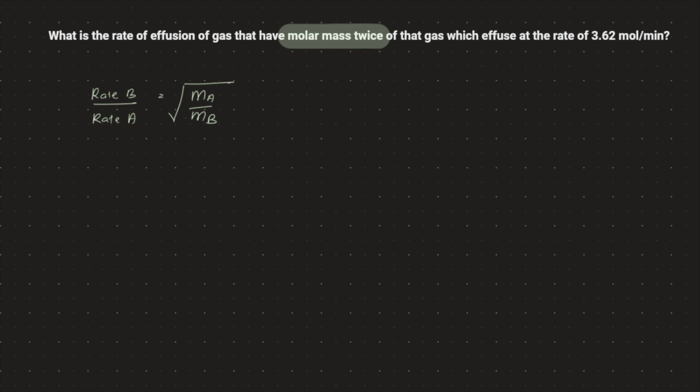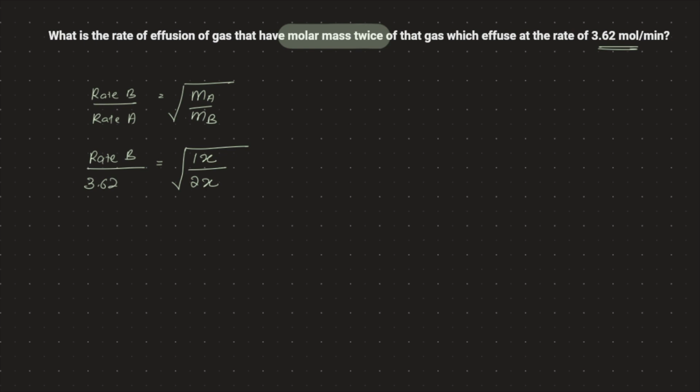Alright, so what we can do now is we write the rate of B divided by the rate of A, which is 3.62 given in the question, is supposedly the molecular weight of A is what we consider as x, and the other one is twice as much, so 2x.